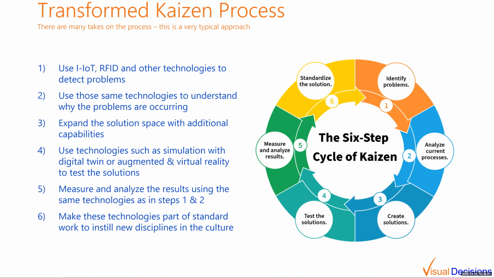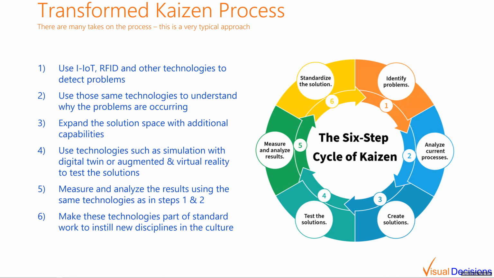So identifying the problems in the first place: if you have a strong analysis of the different machines within the overall process, you're going to be able to identify where quality issues are happening, where downtime is happening, et cetera.